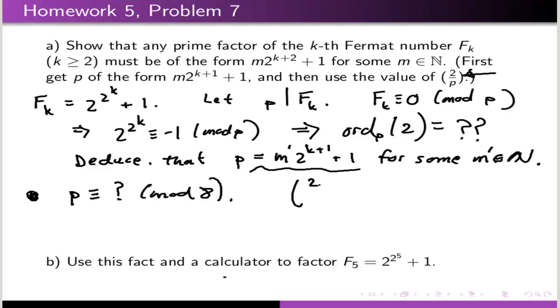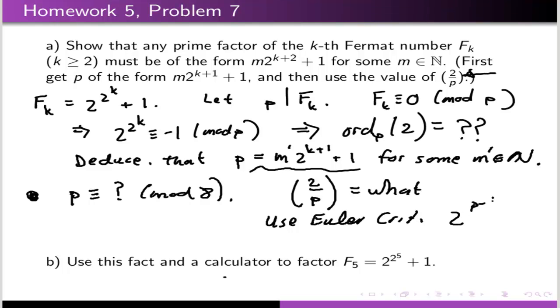And therefore, (2/p) equals what? By our criterion we established, (2/p) is plus 1 when p is congruent to plus or minus 1 mod 8, and so on. So you can figure out exactly what this equals, and now use Euler's criterion. Right, that will say 2 to the p minus 1 over 2, and you'll know what this is congruent to, mod p, and see where that takes you.